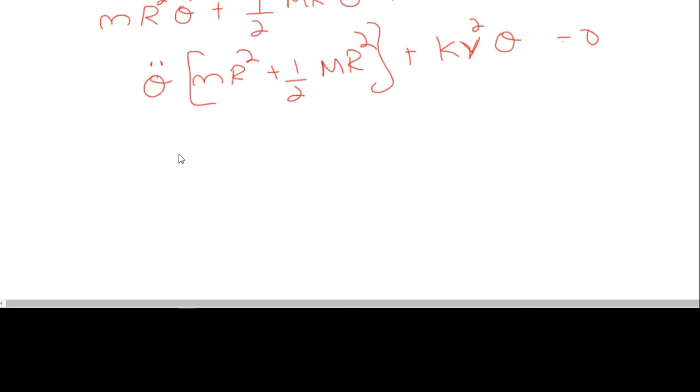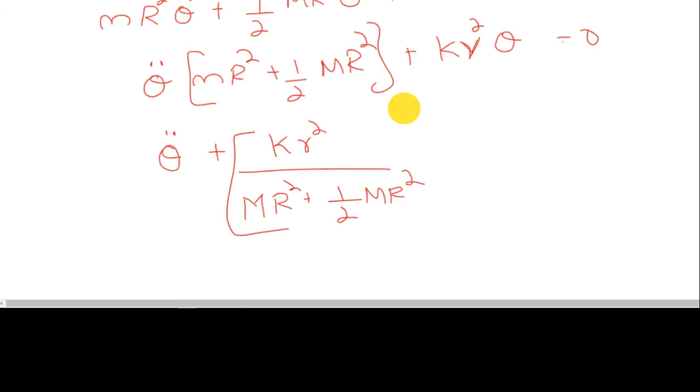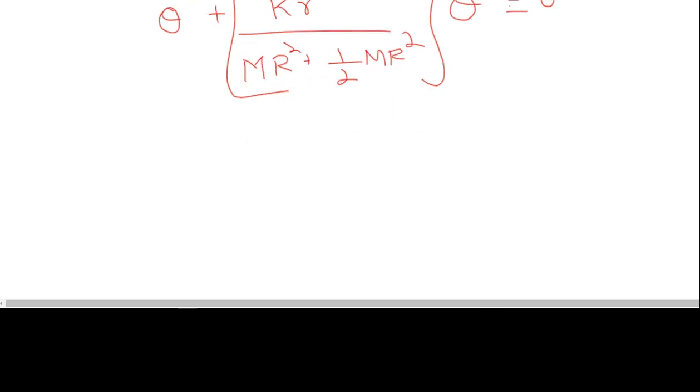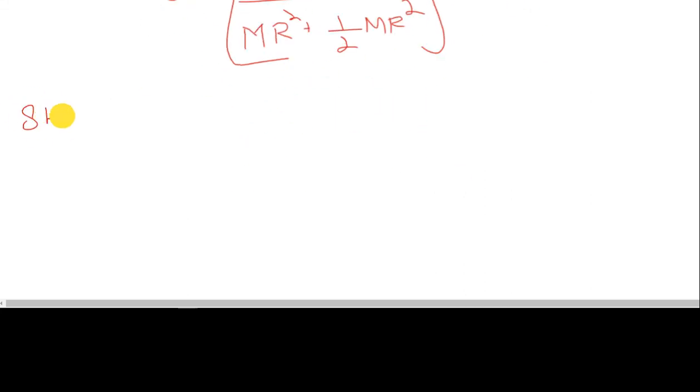So making it into the equation of simple harmonic motion, theta double dot plus k r square divided by m r square plus half M r square, that is dividing the entire equation by this term, theta is equal to 0. And we know the equation of SHM, simple harmonic motion, as theta double dot plus omega n square theta is equal to 0.